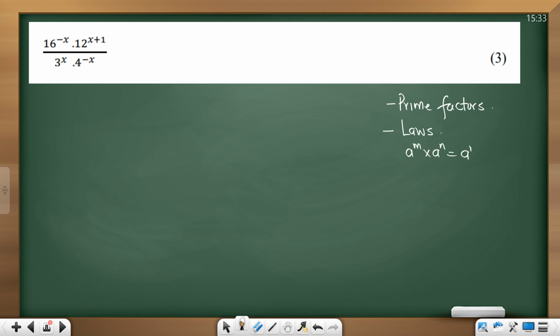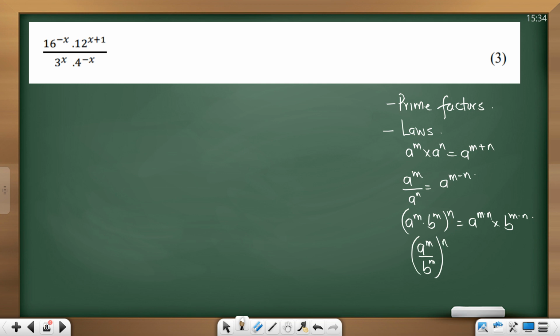These are the laws. a to the power m divided by a to the power n, same base, we subtract. a to the power m multiplied by n, we multiply the exponents. We distribute. These are the main laws that we would use.